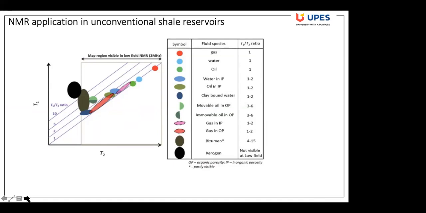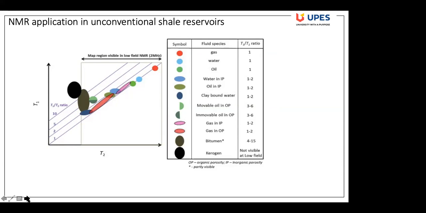NMR is very important for unconventional reservoir, and main applications include measurement of porosity, quantification of kerosene volume, identification of fluids as water or hydrocarbon, determination of confining environments like organic kerosene pores and inorganic mineral pores, and it can also determine the bound water versus mobile fluid in the pores.